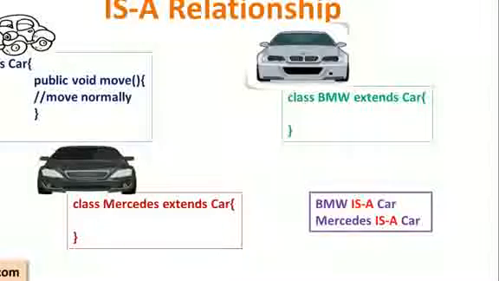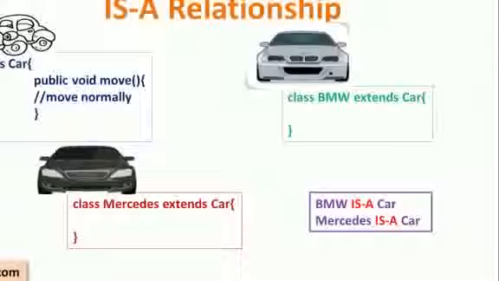Now, I can say that BMW is a car, Mercedes is a car. How can you make it strong to prove that Mercedes is a car? We already know that through inheritance the subclasses are going to get all the methods available through the subclass objects.